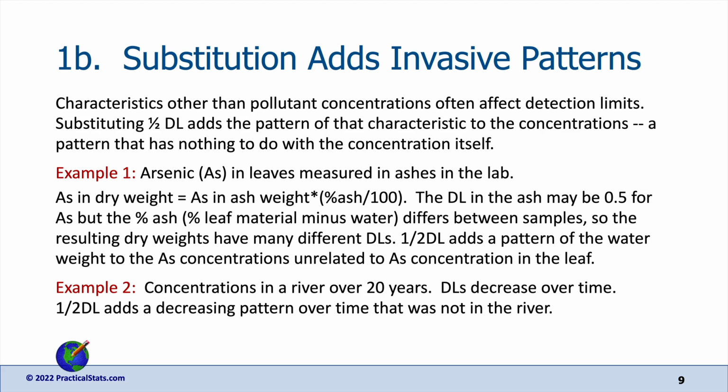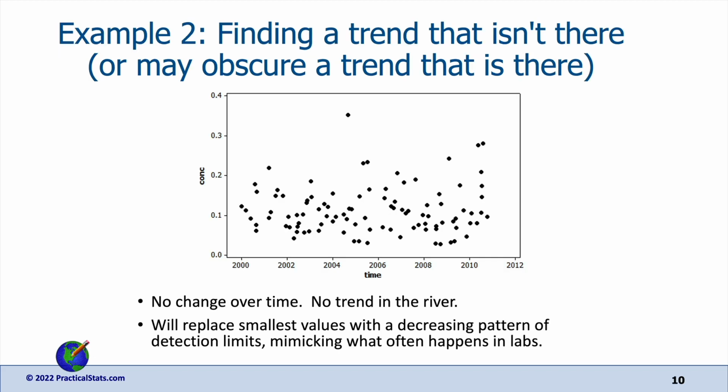And you very well could produce a trend, a decreasing trend in your results that's not there just because of substituting numbers. So here was just an example of that. I generated some data so that I knew what the truth was. There's no trend in this data. This is just noise up and down.